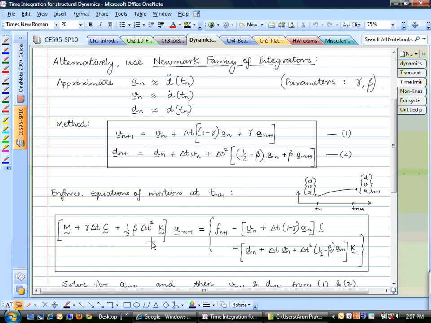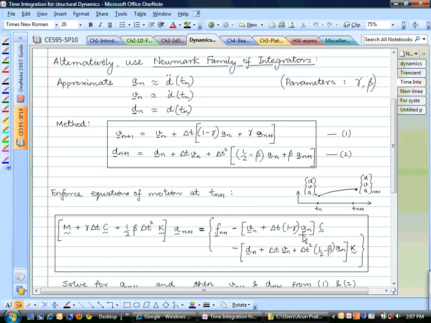So this would be one matrix times a vector is equal to some right-hand side vector. That's what basically, at the end of the day, for any type of problem that you want to solve with a computer, you have to end up with a system of linear equations. So this is a matrix times a vector is equal to another vector. And everything on the right-hand side, you know.